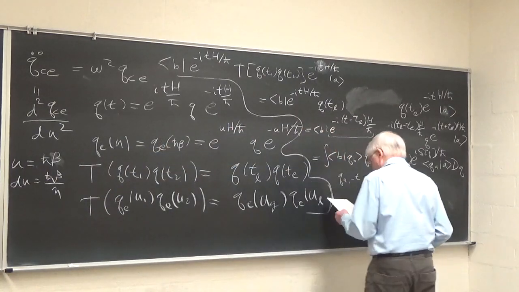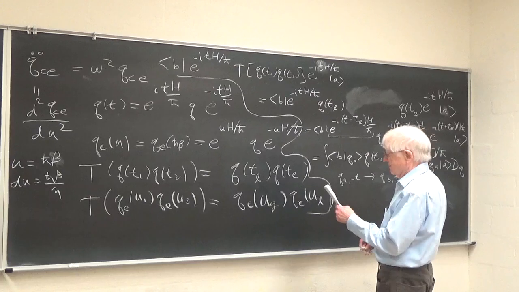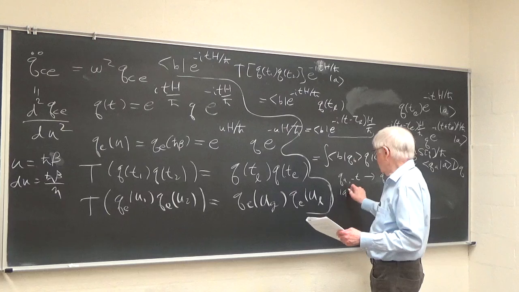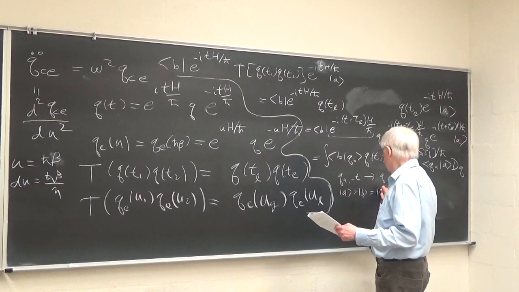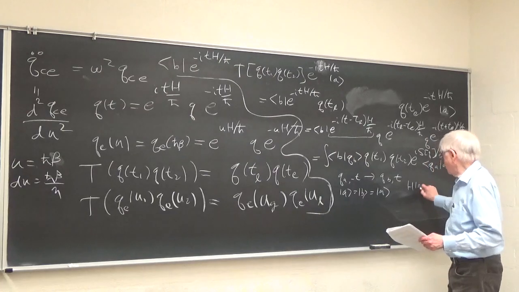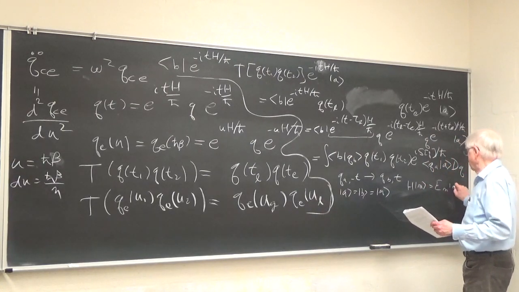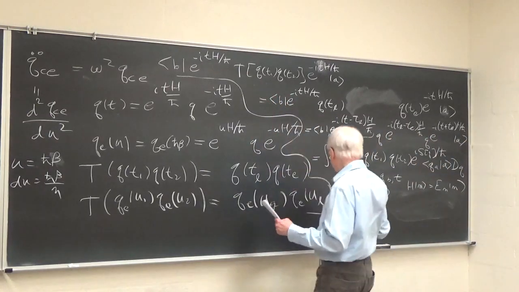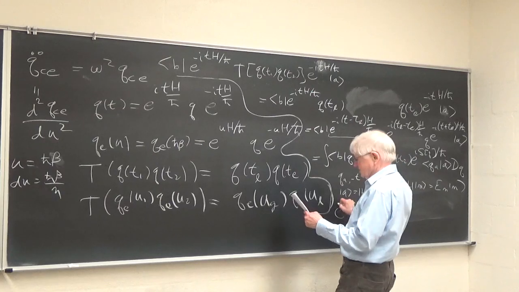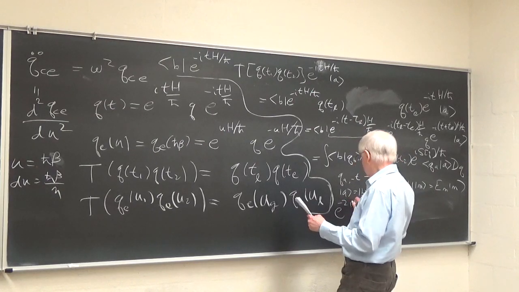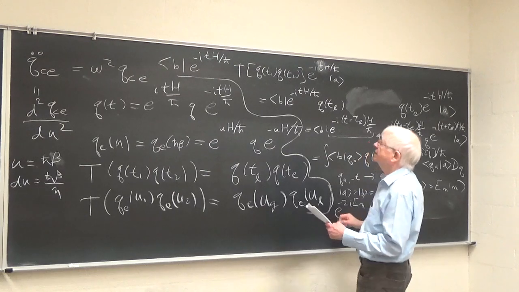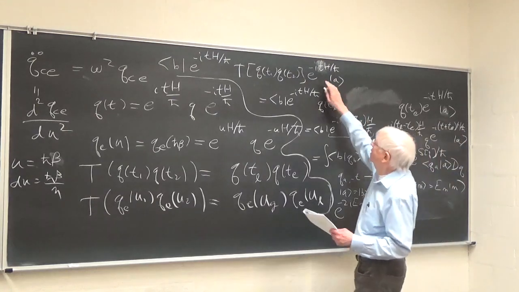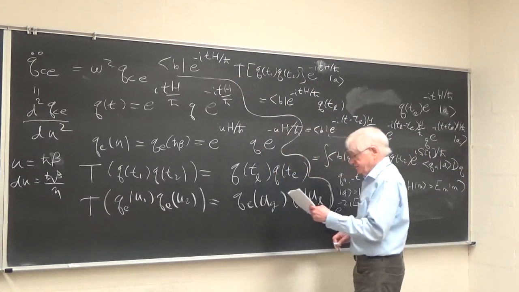And in particular, if we choose them to be the same eigenstate of the Hamiltonian, say we say A equals B equals N, and Hn is En N, then this thing over here is e to the minus 2I En t over h bar from these two factors there.